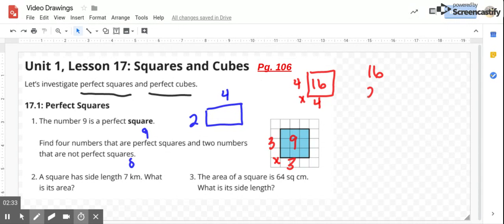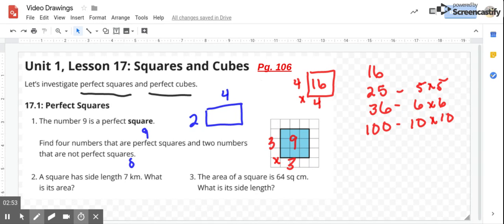Another one is 25, because that's the same as 5 times 5. So is 36, which is a 6x6. You could do 100, which is a 10x10. Any number multiplied by itself gives you a perfect square.